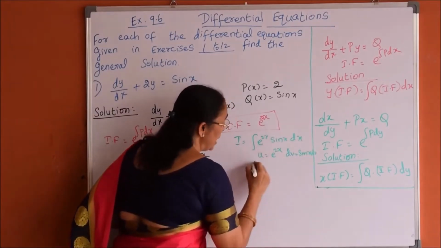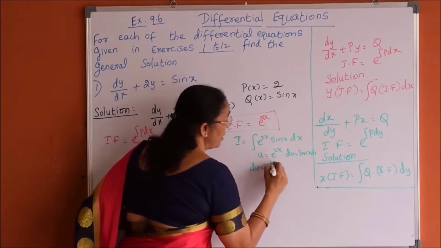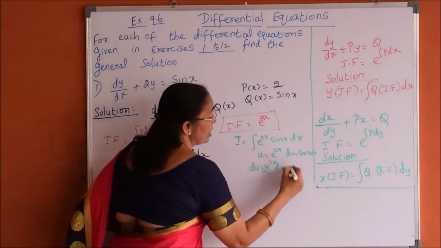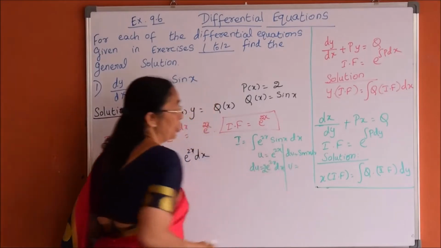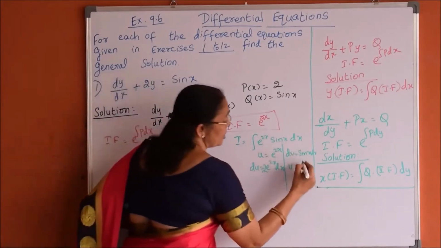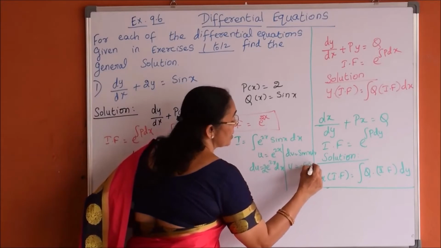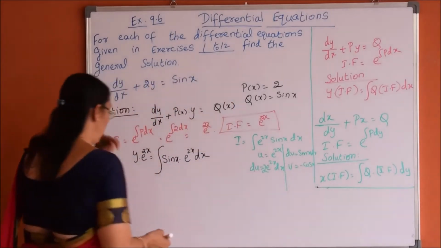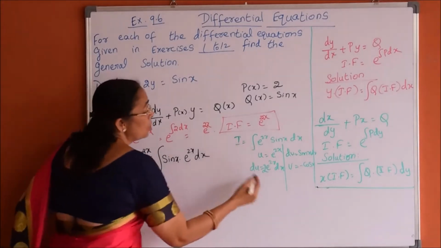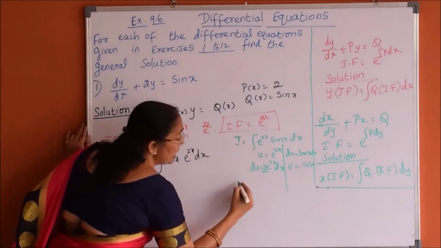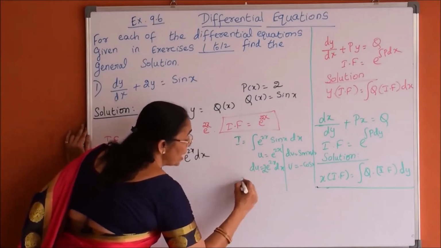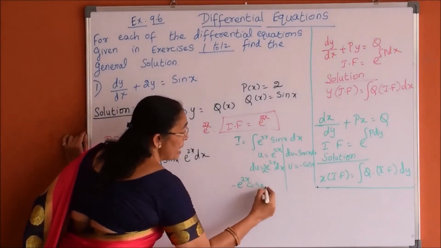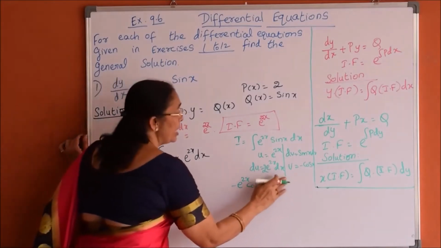So, differentiating u, e power 2x gives 2 e power 2x dx, and for dv we should do integration. So, integration of sin x is minus cos x plus c. Constant all together at the end we can add. So, uv is e power 2x into v, which is minus cos x, minus integration of v du.